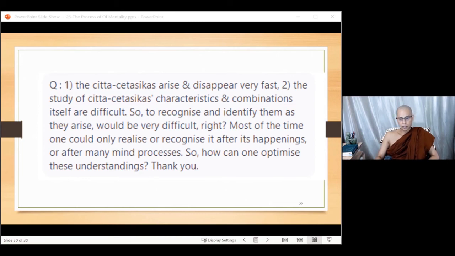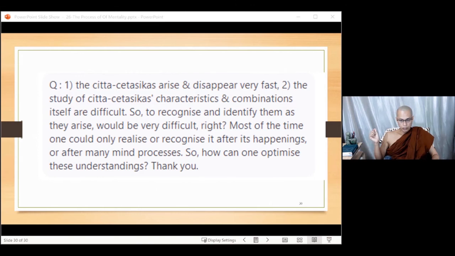But it is not necessary to know every mental factor, every member of the mentalities in each group. The practice of vipassana meditation is just to identify the nature of impermanence, suffering, and non-self.